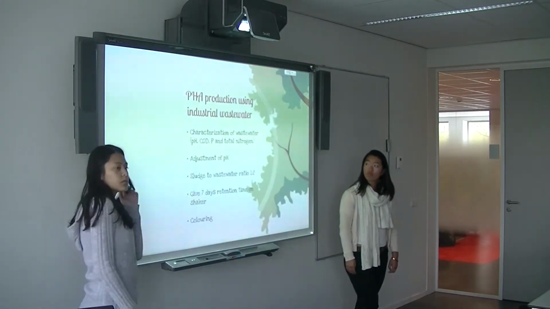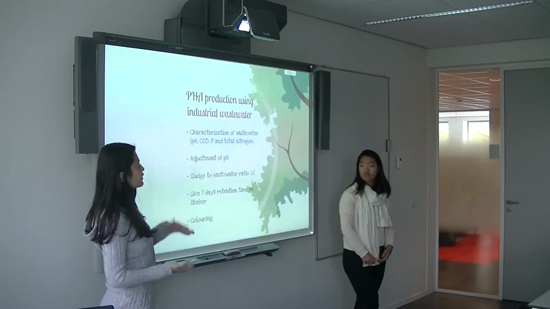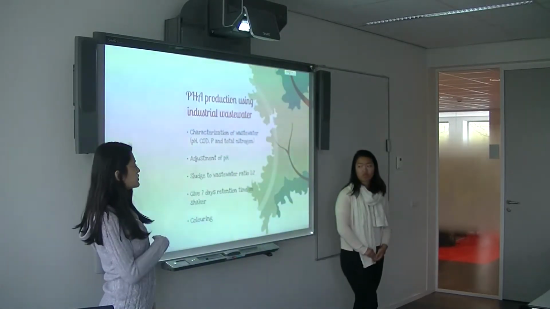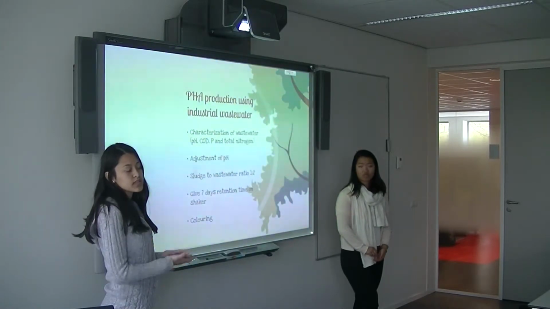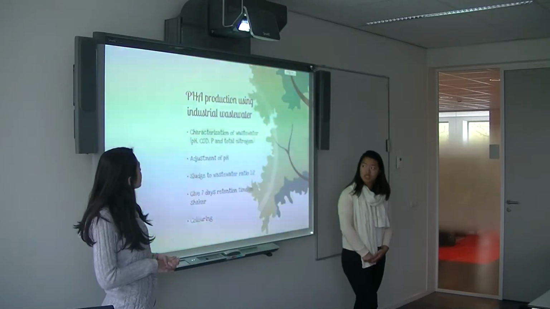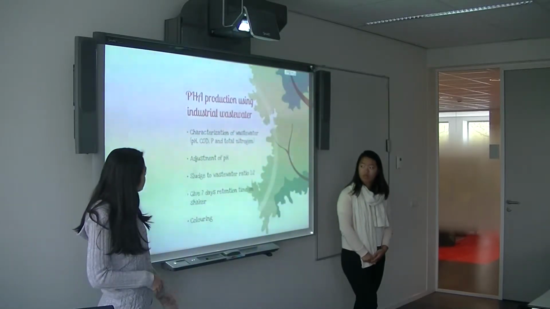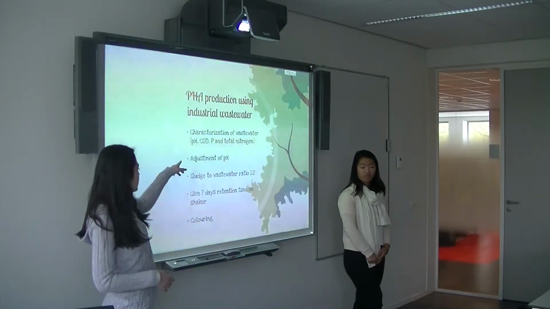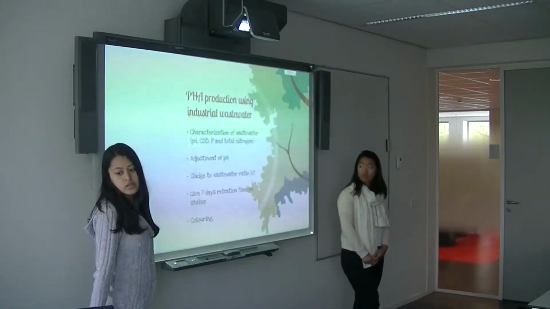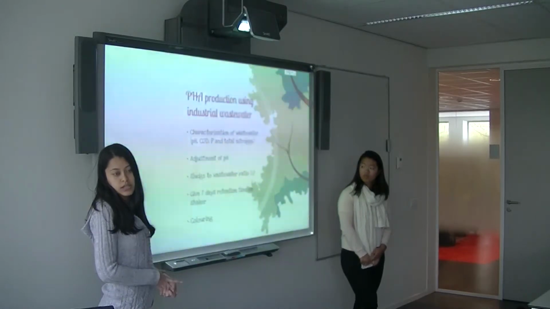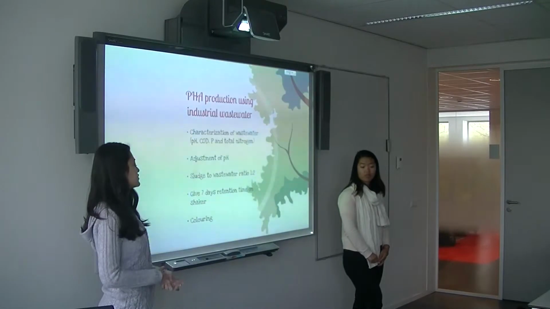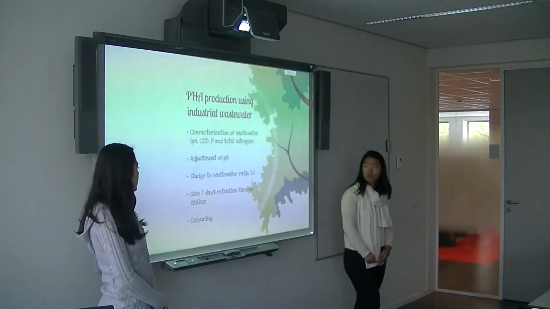We also have some of the samples of some companies, because the first experiment was just the water. Then we selected some companies. So then we needed to characterize the wastewater by knowing the pH, the COD, the phosphorus, and nitrogen. We also adjusted the pH to a neutral one to have a better production of PHA.